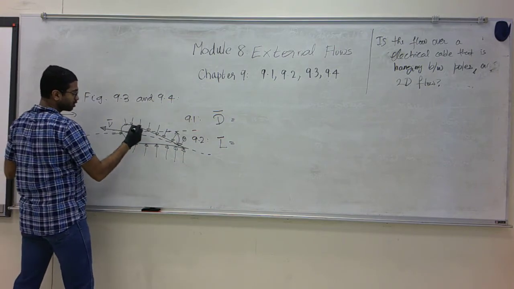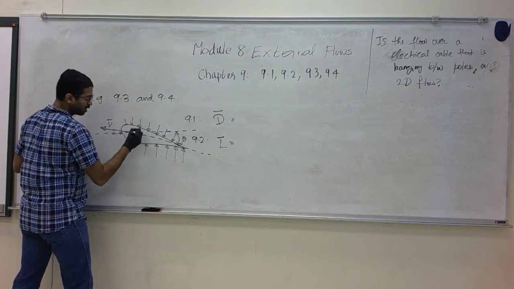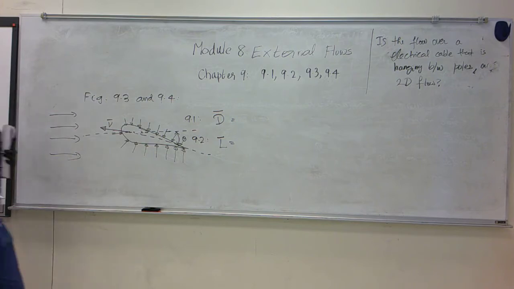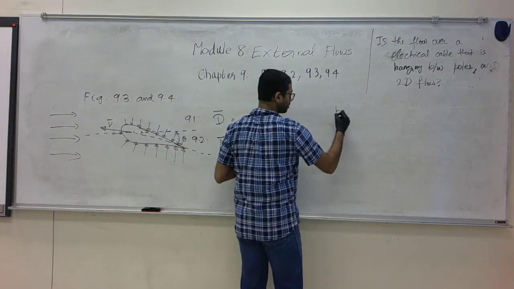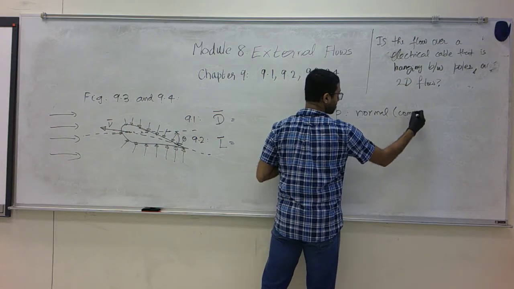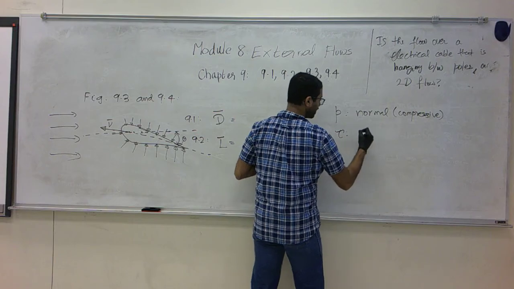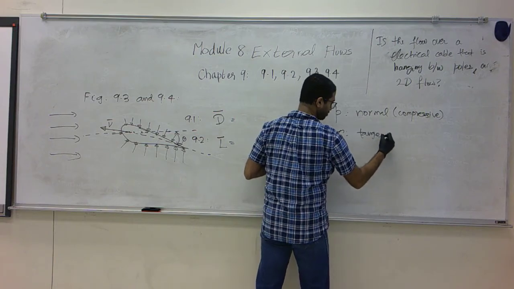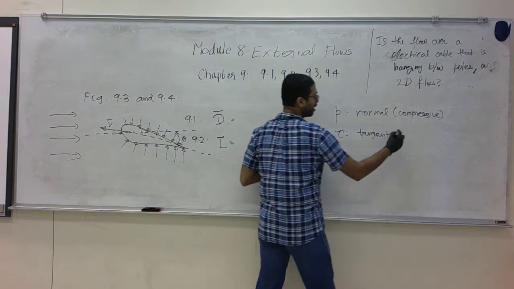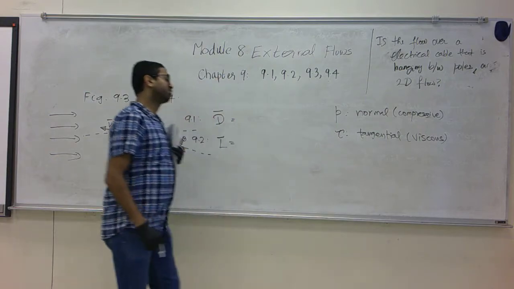And then there is also shear force, that is, at every point along the surface there is a shear stress. So you have pressure normal to the surface and compressive, and shear that is tangential to the surface and related to viscosity, so we call it viscous shear.